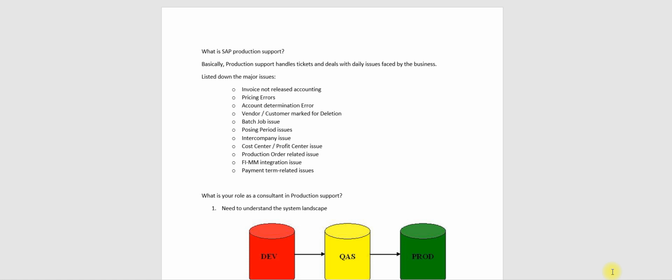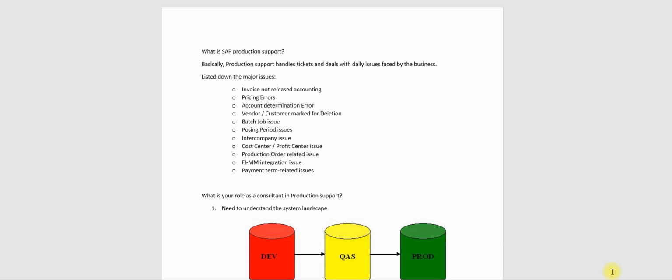So, in SAP Production Support, you need to know so many things. What is going on in SAP Production Support exactly? What are the major issues you are going to face?